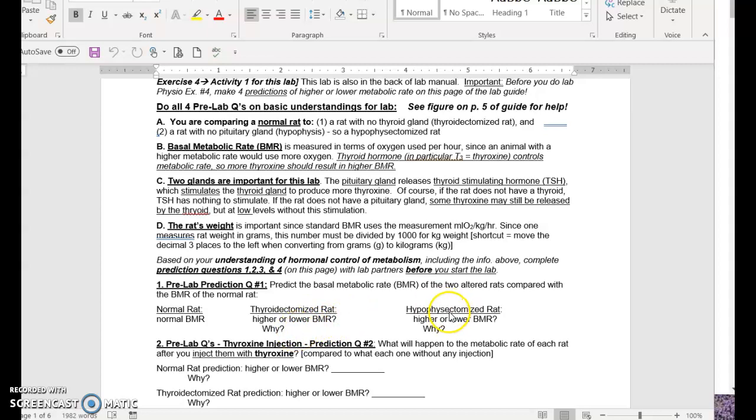If you remove the pituitary gland, which causes the thyroid gland to release thyroid hormones, hopefully you'd also say that would lower the basal metabolic rate because now there's no stimulus for the thyroid to release its hormones. So you kind of go through those sorts of things. I won't go through all these questions, but along those lines, if you understand what's going on in the lab, then make some predictions of what you might see.